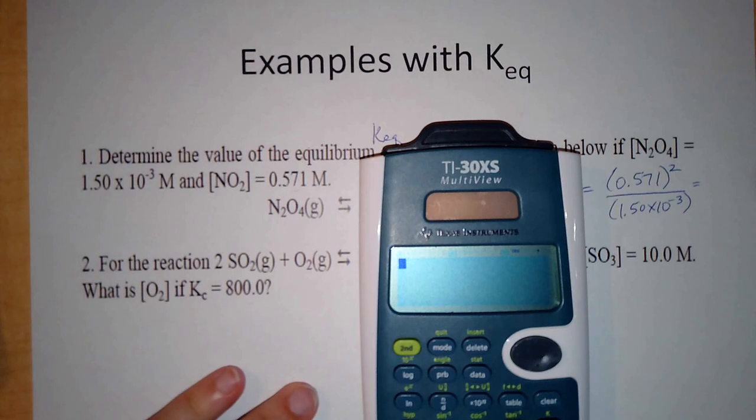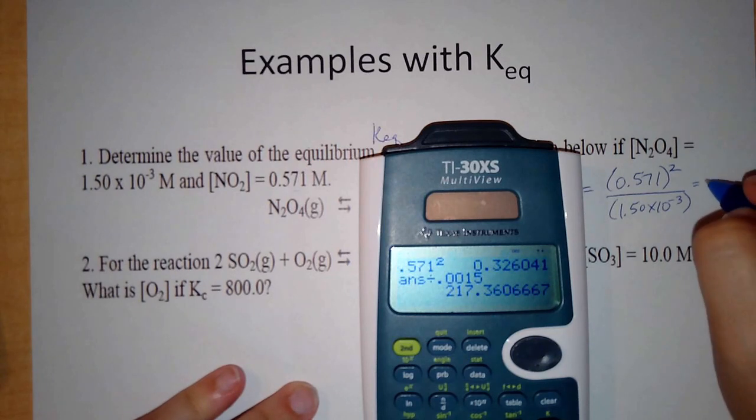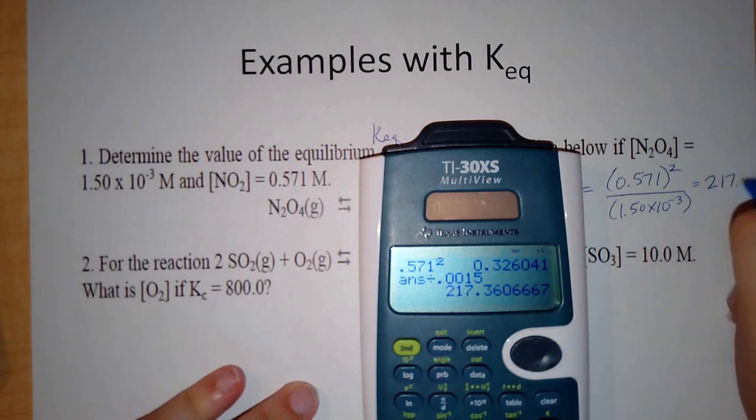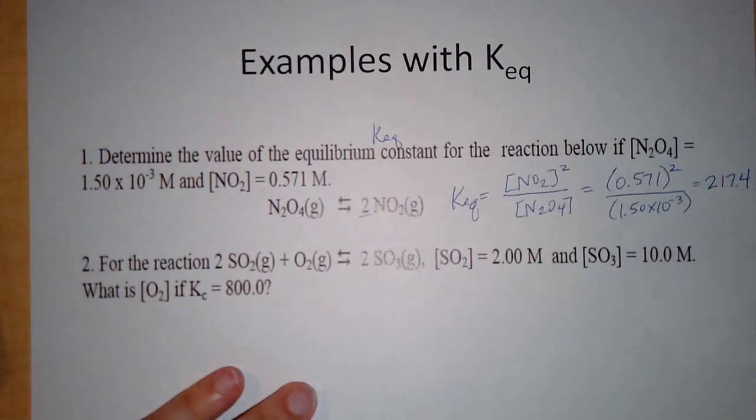Alright, so 0.571 squared divided by 0.015 gives us 217.4 for our KEQ value.